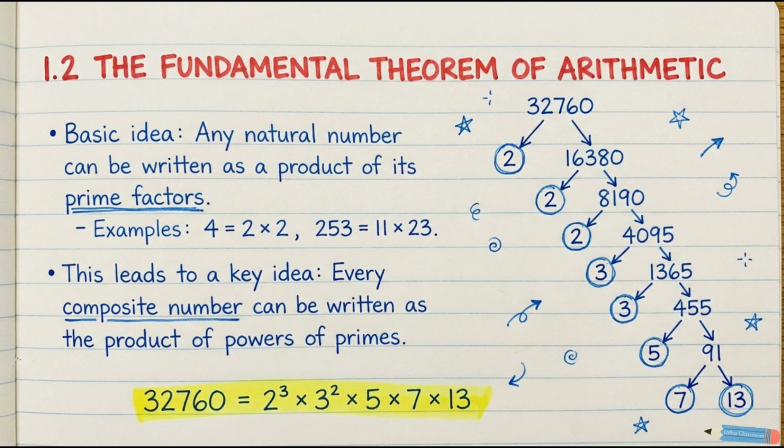Again 8,190 can be written as 2 into 4,095. 4,095 can be written as 3 into 1,365. 1,365 can be written as 3 into 455. 455, 5 into 91 we can write. 91, 7 into 13. So totally 32,760 can be written as 2 cubed into 3 square into 5 into 7 into 13.